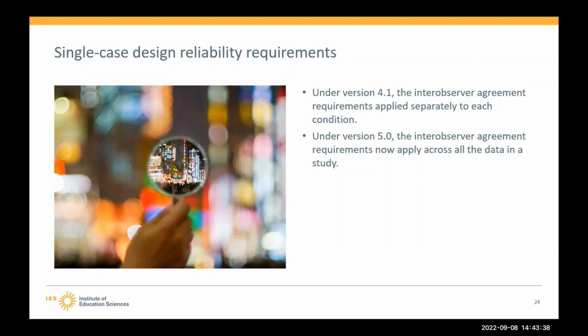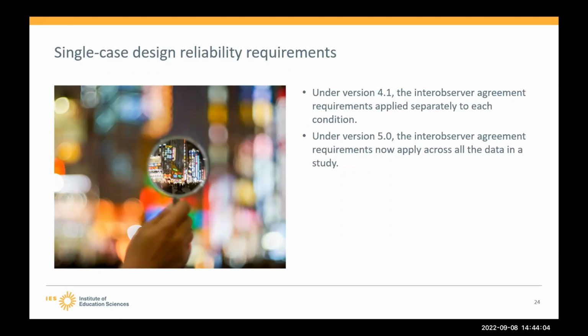Now, under version 4.1 of the standards, the inter-assessor agreement requirements were applied separately to each condition within the single case design. However, since then, many high-quality single case design studies have been found to frequently report inter-assessor agreement data across conditions, and rarely do they actually report this information separately by condition.